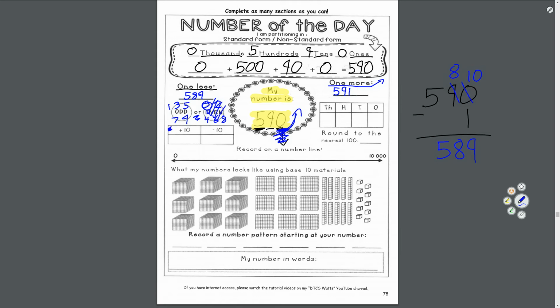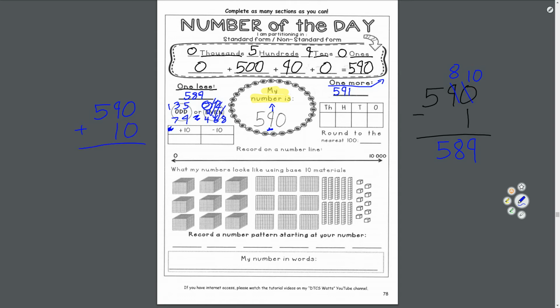Over here, plus 10. So now we're looking at the tens place. And it's going to go up by 1, but it's a 9, so we're going to do a calculation again. So 590 plus 10.